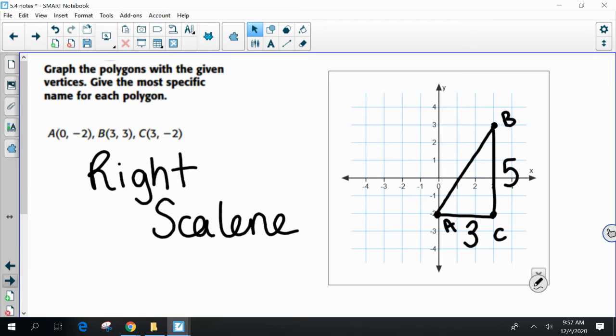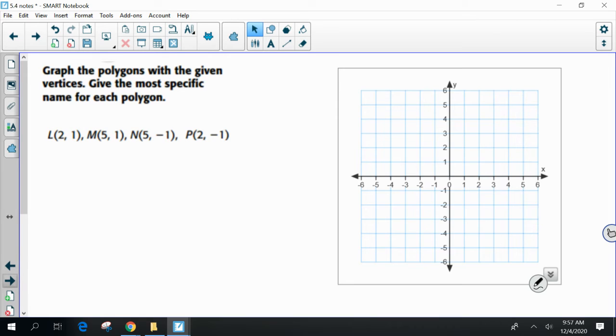I would like you guys to do the next one. Notice how it's not 3 points, so it is not a triangle.